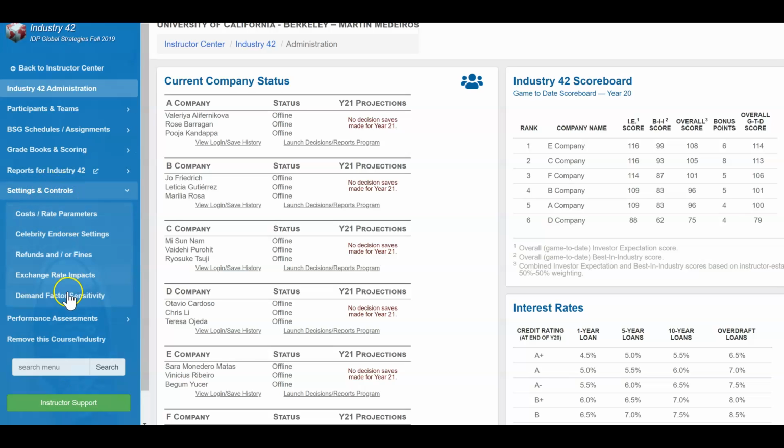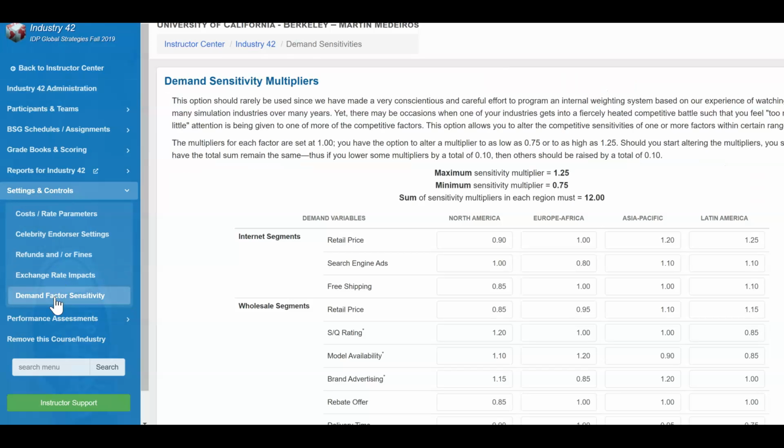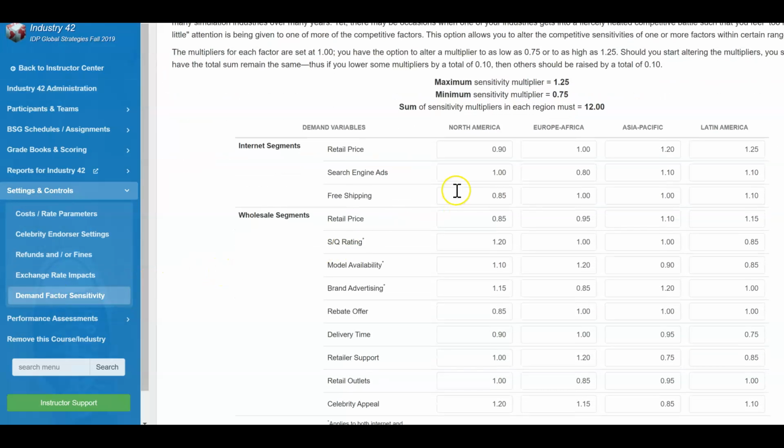So if I go to demand factor sensitivity, you see here how I change things. By default, they're all set equal, 1. And a value of 1.25 increases sensitivity to its maximum. A value of 0.75 is sensitivity at its minimum. So you can see what I've done here is I made North America relatively insensitive to a price change, and I made Latin Americans very sensitive.